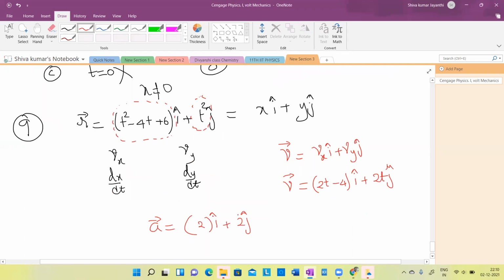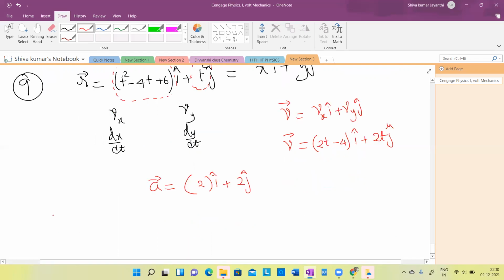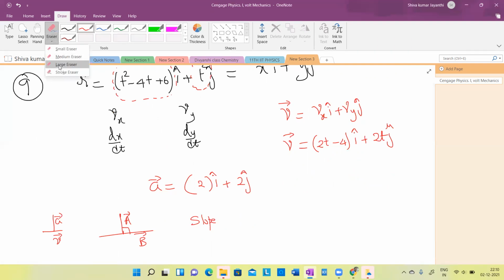Now, what are they saying? The time after which the velocity vector and acceleration vector are perpendicular. What is the meaning of two vectors becoming perpendicular? When a vector a bar is perpendicular to another vector b bar, the product of the slopes is -1.